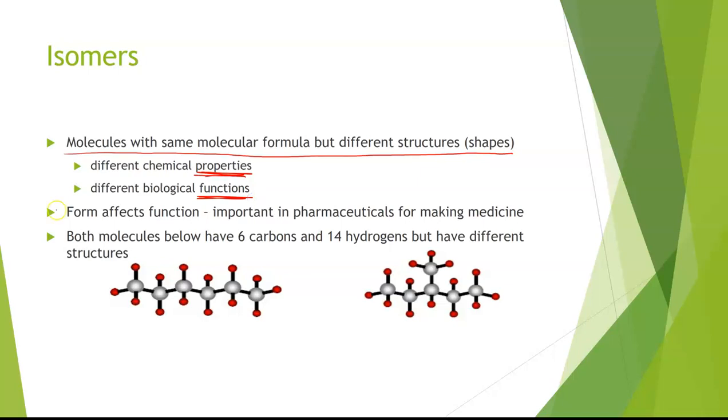So this is important in the pharmaceutical industry, where you may have, like down here, both of these molecules have 6 carbons and 14 hydrogens, but you can see that they are arranged differently. So that means that the shape of these molecules is different. That means they are going to have different properties. They're going to act differently and be able to do different things.